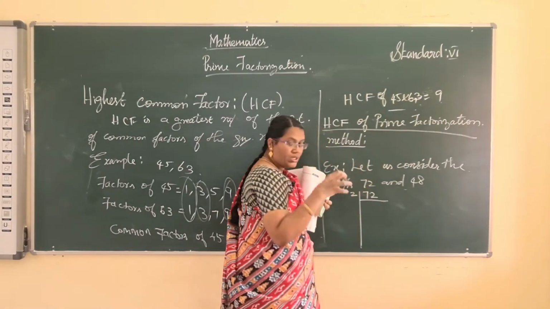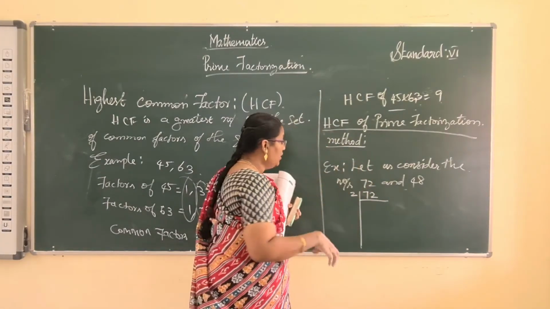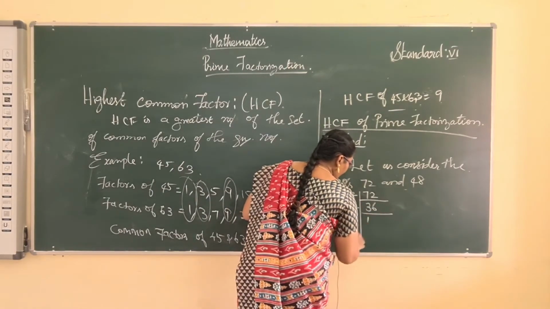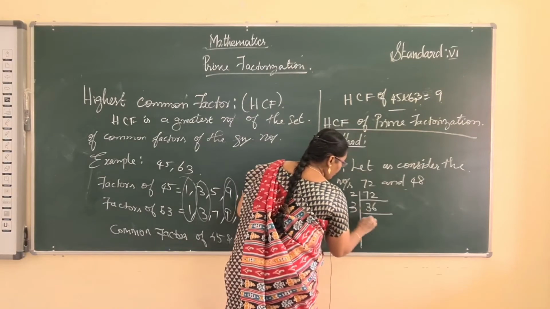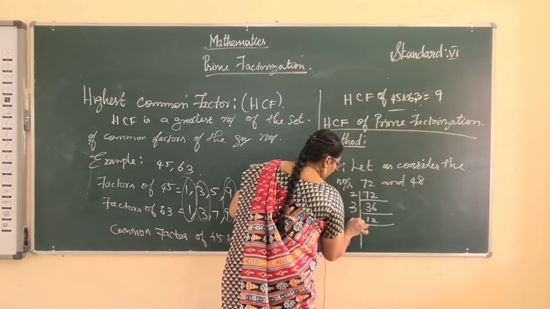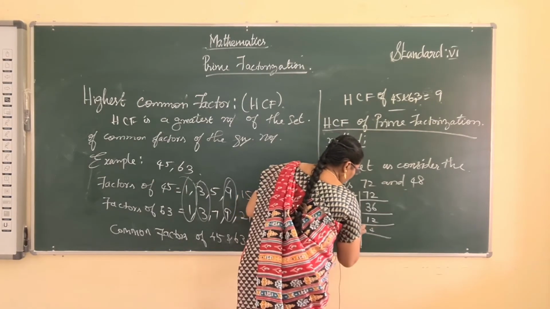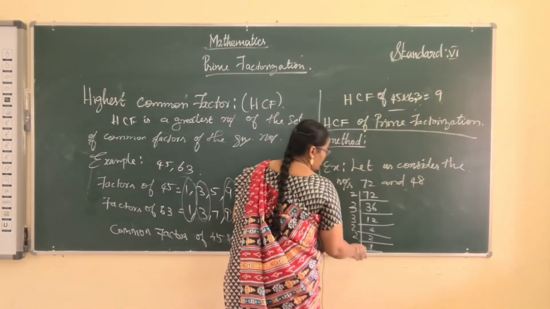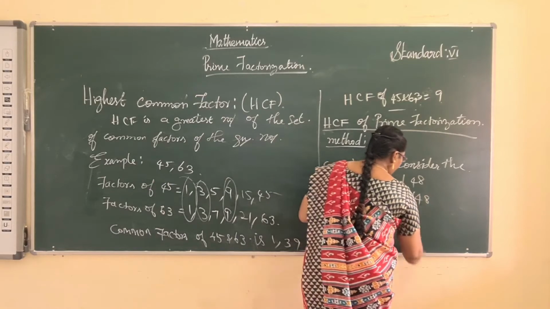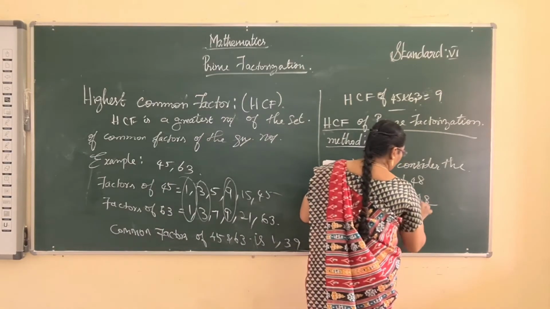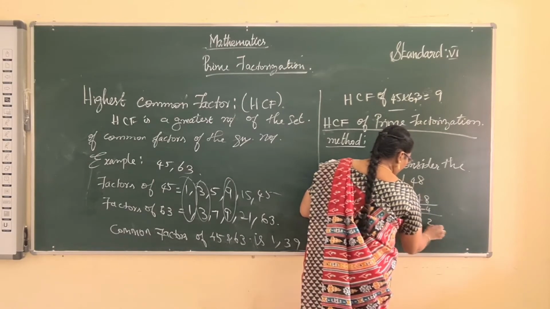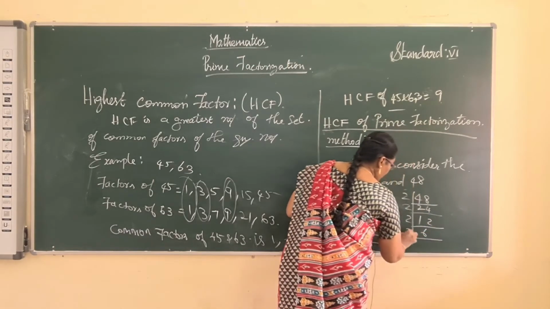First start from the smallest prime number, 2. 2 times 36 is 72. Then 3 table, 3 times 12 is 36, and again 3 table, 3 times 4 is 12. Here 48: 2 table, 2 times 24; again 2 table, 2 times 12 is 24, and 2 sixes are 12.